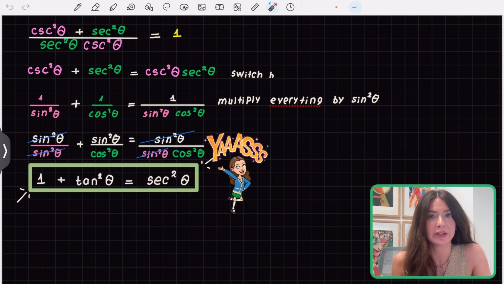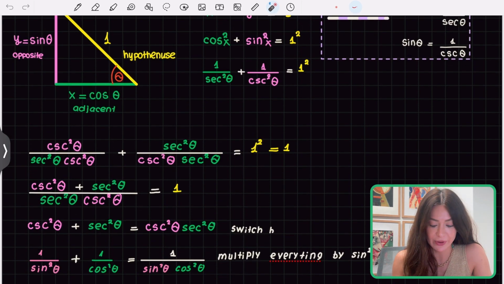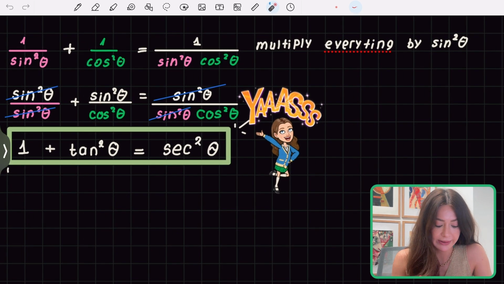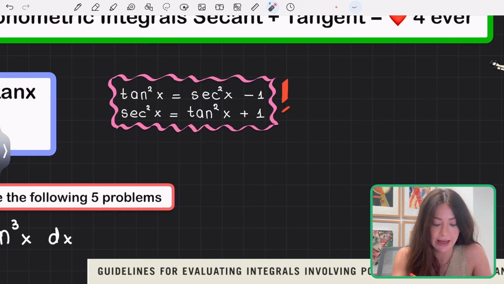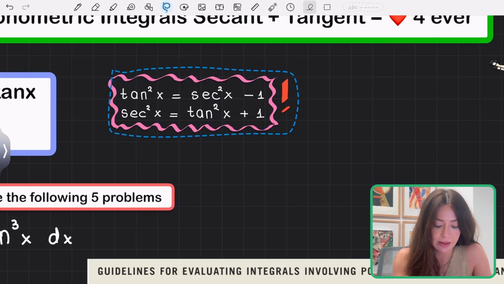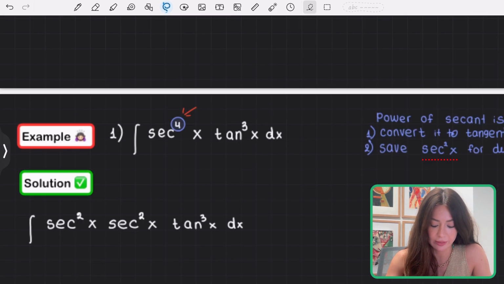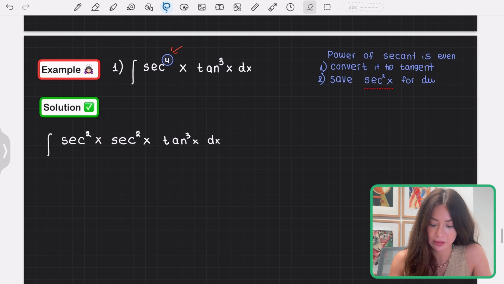It's an important trig identity that actually comes from this very important relationship. So write this somewhere and then express secant square x and tangent square x, and you're going to use that all the time like I have here. I'm actually going to copy it and then paste it with whichever problem we're solving.